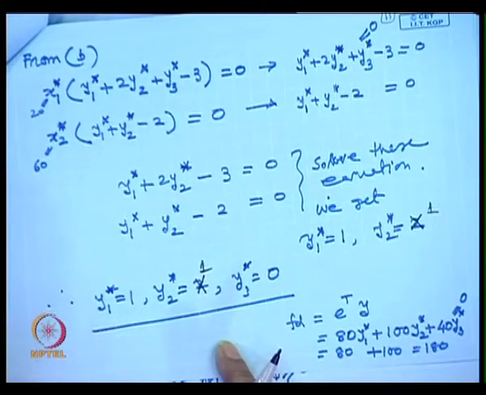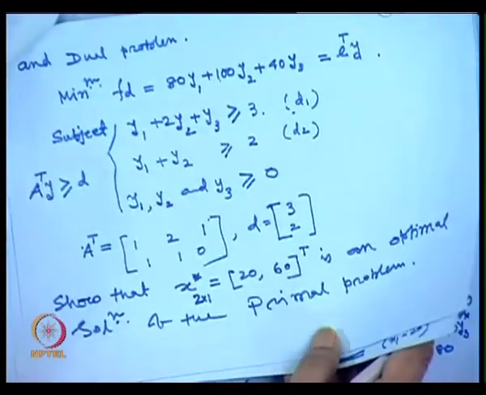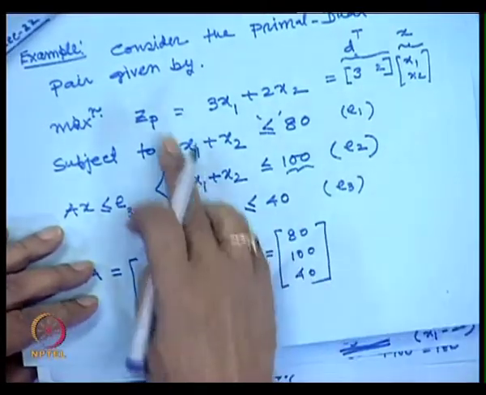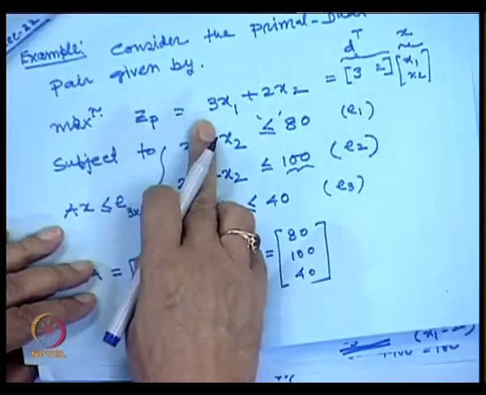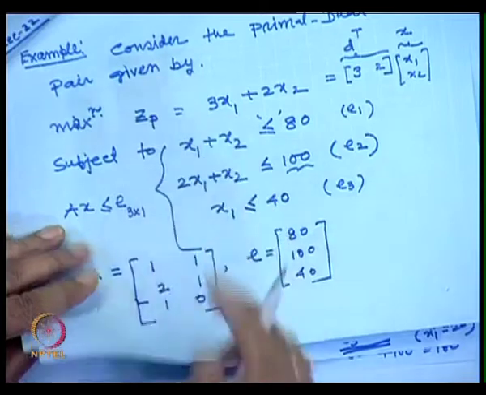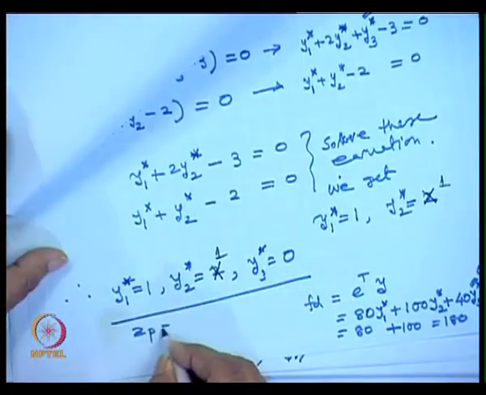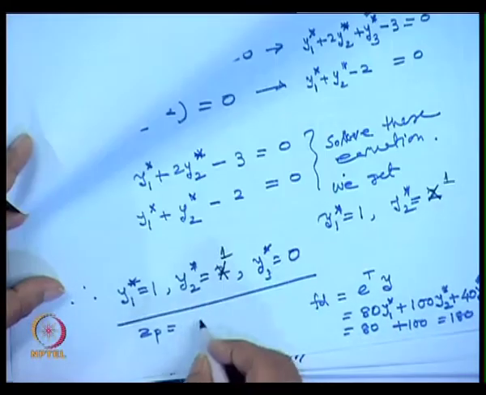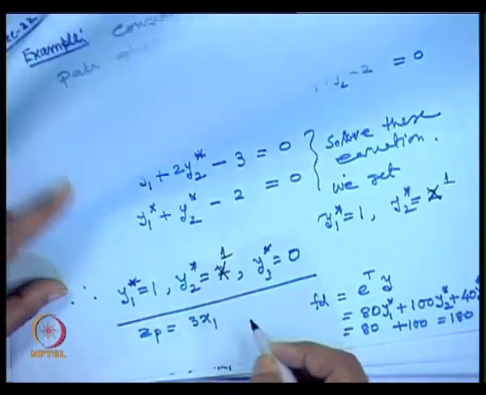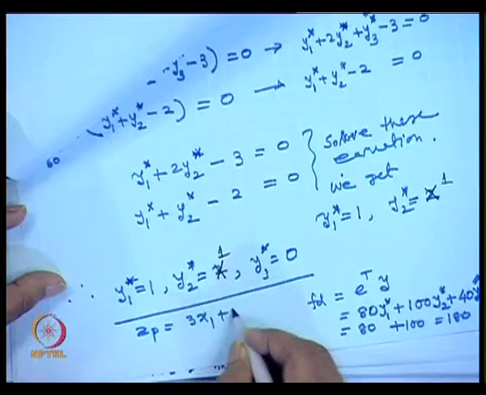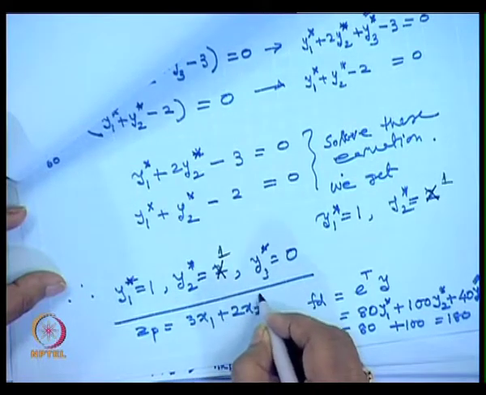Similarly, if you see the primal problem objective function, z p is equal to 3 x1 plus 2 x2.